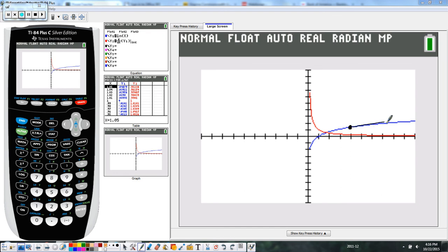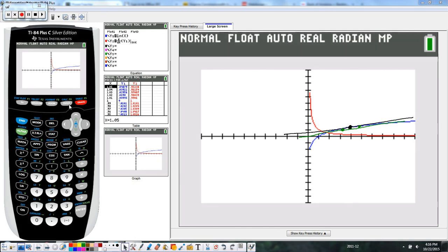Here's the tangent line that I'm interested in, so I'm trying to find the slope of this tangent line. The calculator picks a point on either side of it, connects the dots, and comes up with a slope. So remember that what the calculator gives you may not exactly be the slope. It's going to be an estimate of the slope.